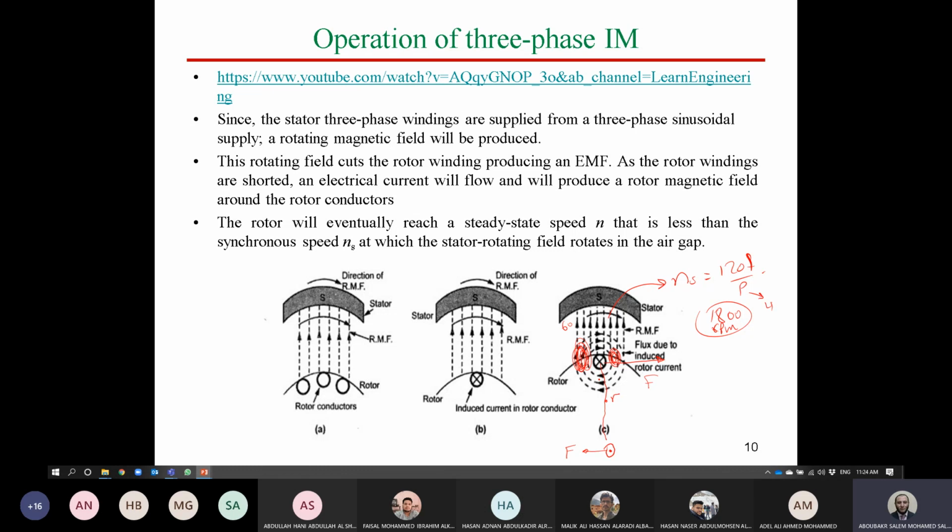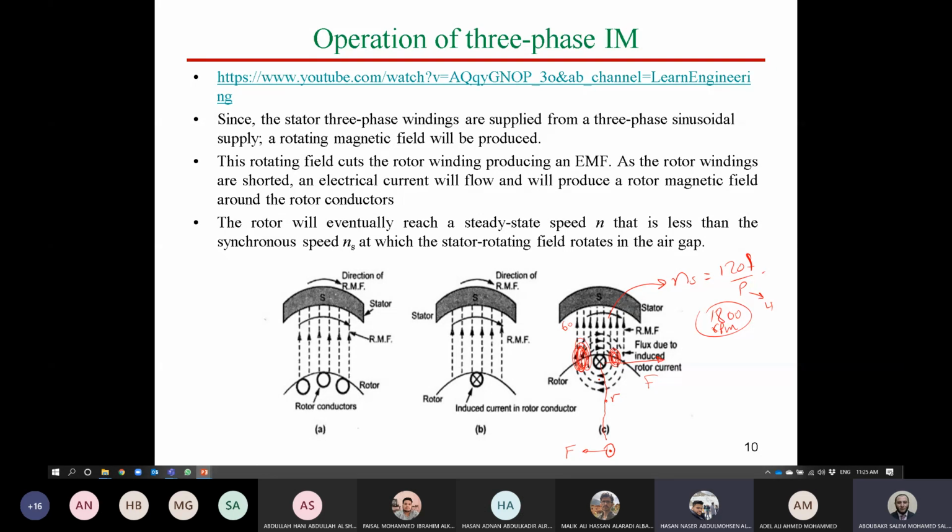Transient means the period, the starting period, from when you apply the supply to the machine up until reaching steady state. This period is called transient. That means if you turn on a motor, it will not reach steady state at zero time. It will take some time. It's like your car. If you start your car and start moving, and the road speed is 120 kilometers per hour, for instance, can you move with the car at 120 kilometers per hour from the first instant, or do you increase the speed of the car gradually to reach the rated speed?